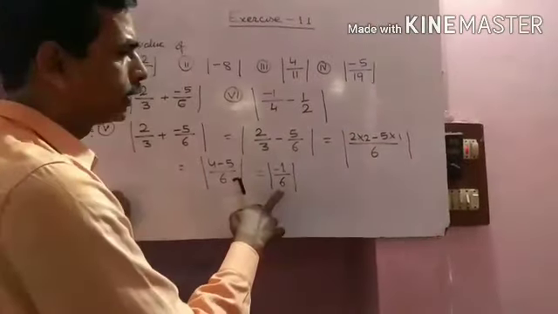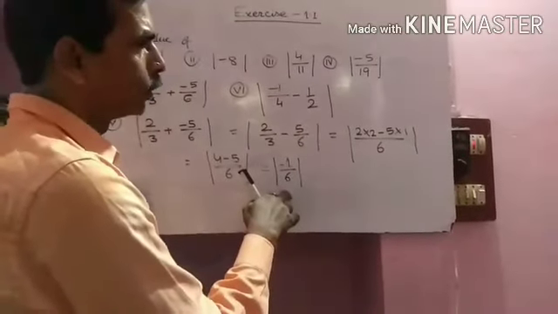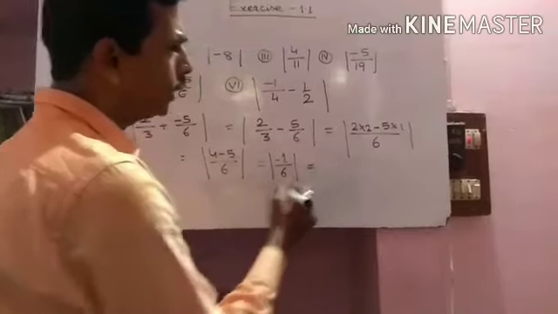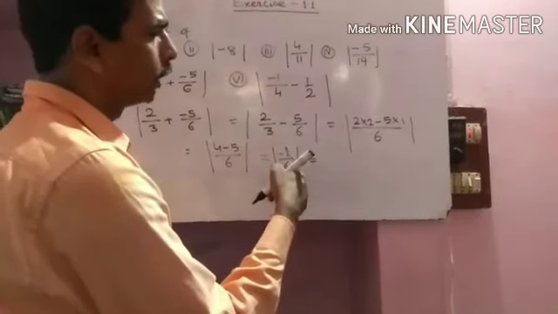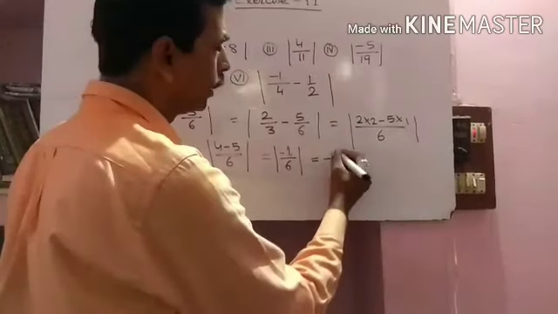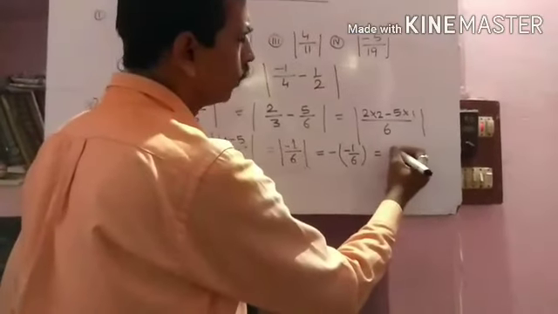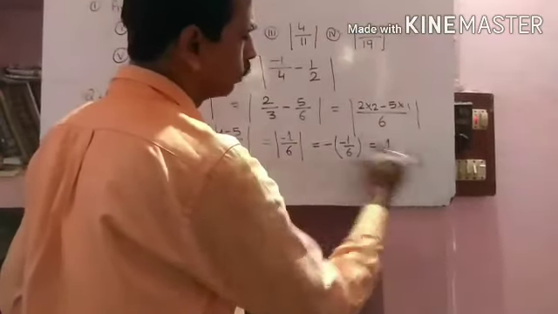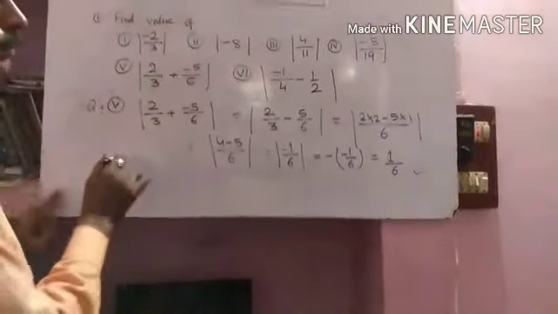What will we get? Inside mode, minus 1 by 6. So the absolute value of minus 1 by 6, this is a negative number. The absolute value of any negative number is the negative of the negative number. So it becomes minus of minus 1 by 6. So it becomes 1 by 6. Minus into minus becomes plus. So this is the answer of this question.